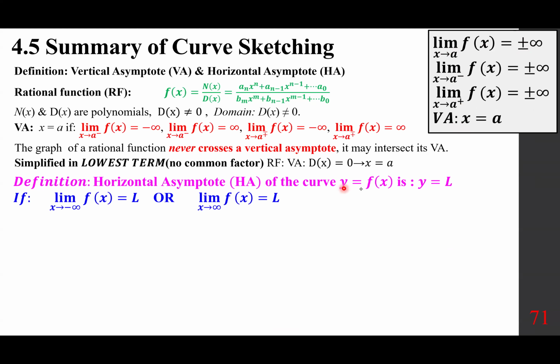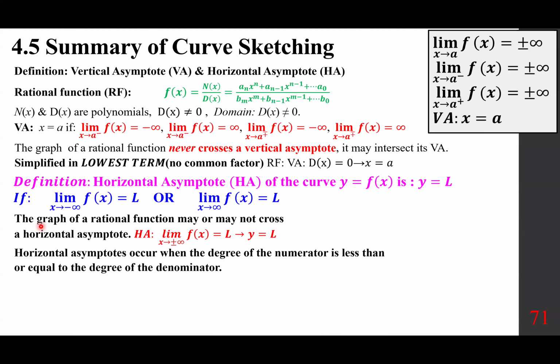Horizontal asymptote, HA: the function y equals f of x has the line y equals L if the limit of f of x as x approaches negative or positive infinity is L. The graph of a rational function may or may not cross a horizontal asymptote. HA has the formula in precise definition: limit of f of x as x approaches positive or negative infinity is L, then the line y equals L.